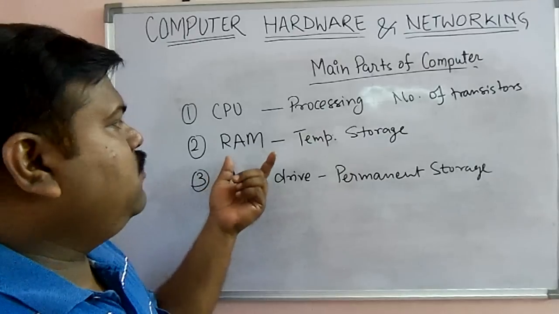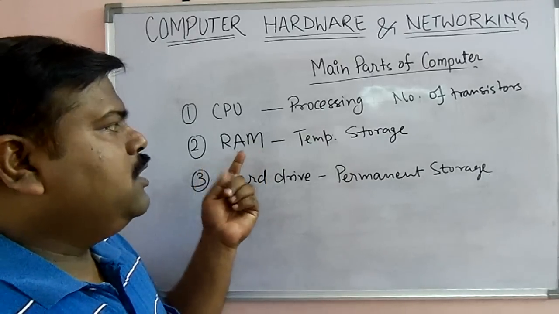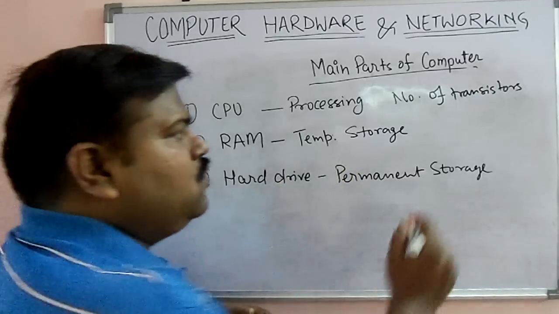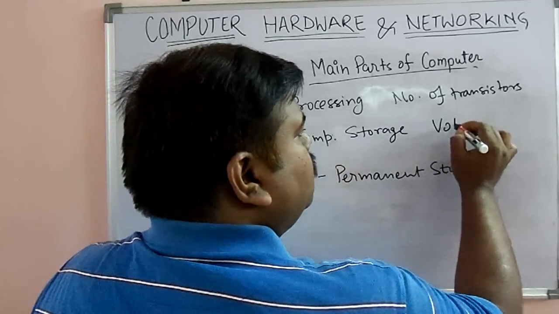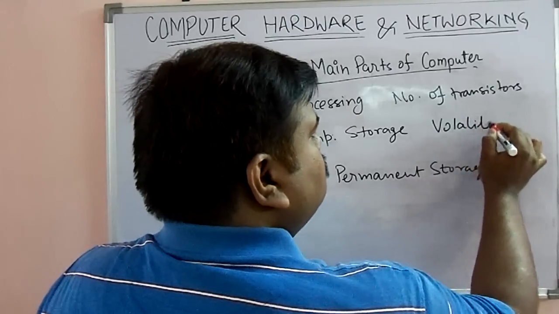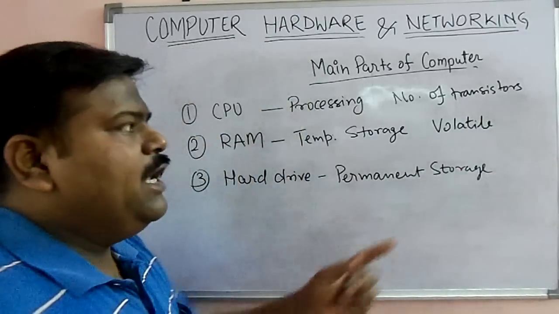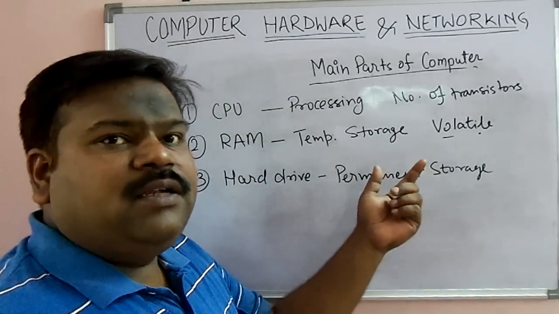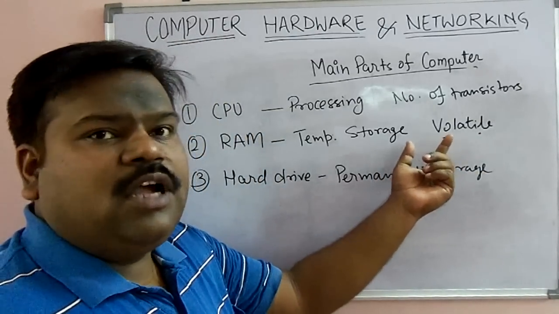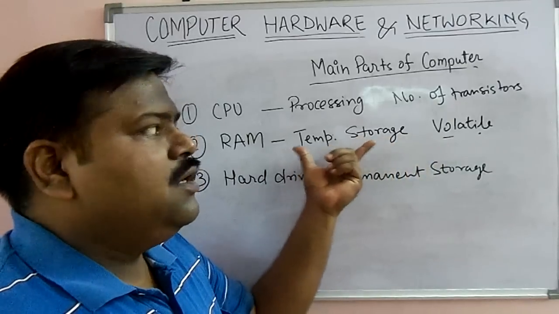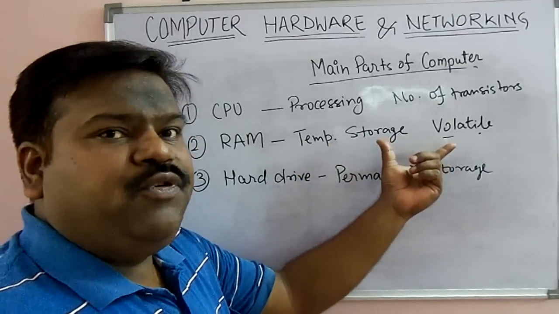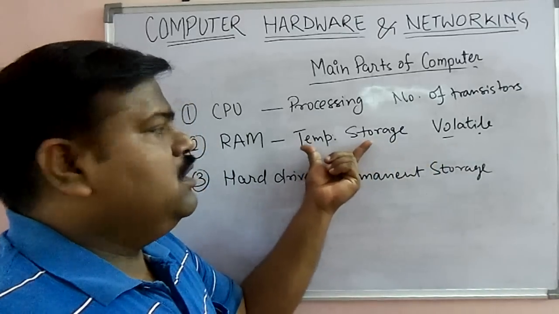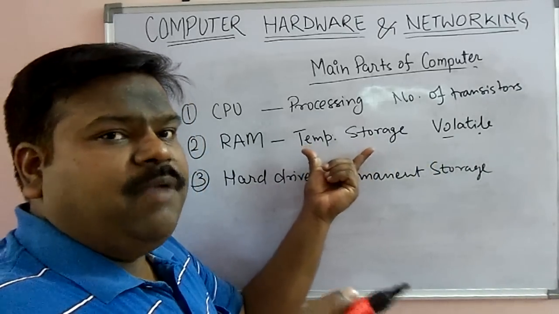The other one is RAM. RAM is temporary storage, and it is also volatile. Volatile means when electricity is coming, then it will work, and when the computer is powered off, shut down, this temporary storage will be wiped out.